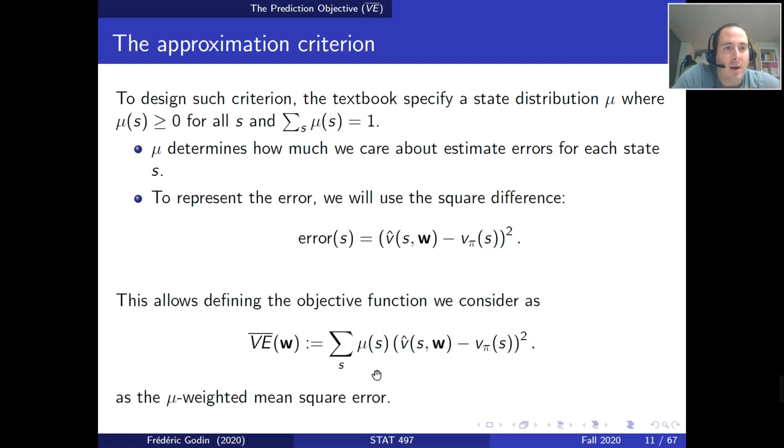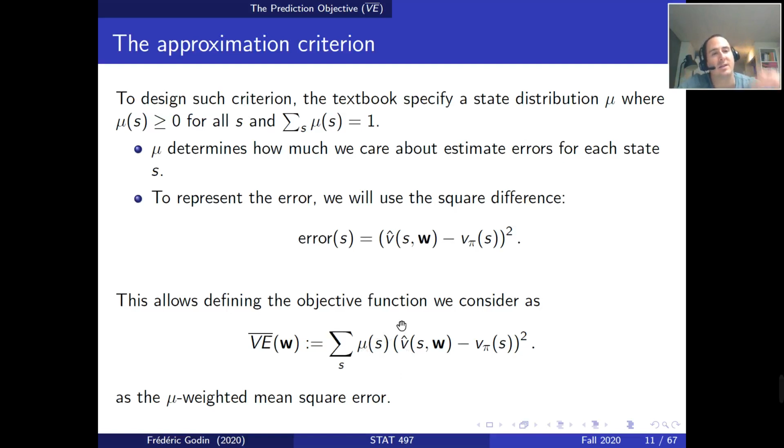Okay, so when we try to optimize parameters in subsequent algorithms, the objective function proposed by the textbook is to minimize the mean square error of the value function across all states, where the mean is calculated using the distribution mu to weight the errors of all the states. Here we haven't said what we're going to use for mu.